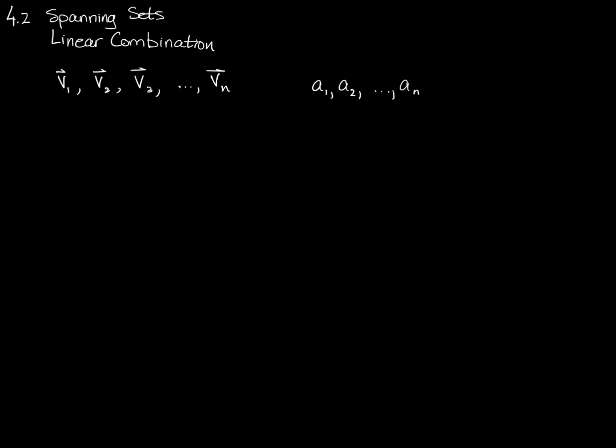These are all different values and they're all real numbers. In other words, they're all scalars or can act in that capacity. I have these vectors and I have these scalars. I can take any combination, a1 v1 plus a2 v2, and so on, up to an vn.